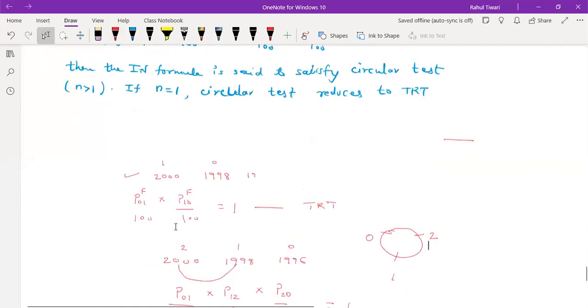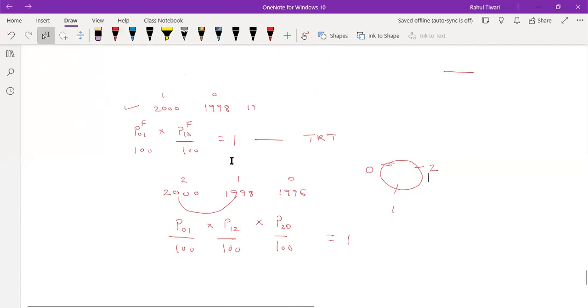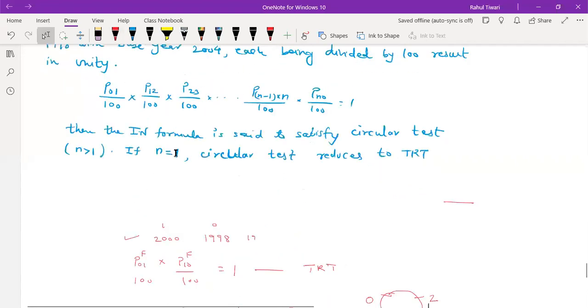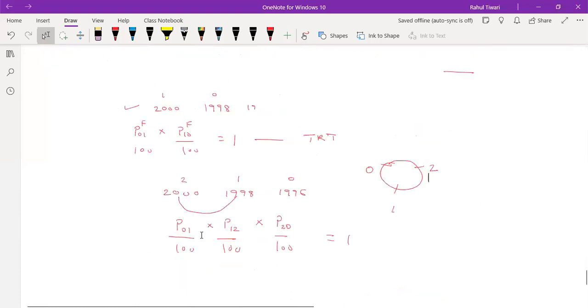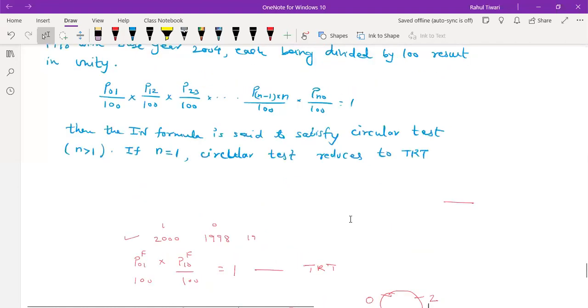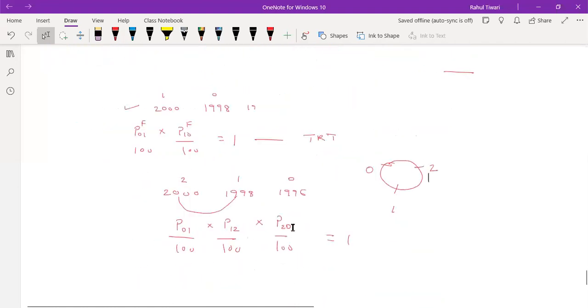See whether you get this expression when you substitute n equal to 2. It is 2 minus 1, then 2 minus 2 is 0, and n is 2, so this is 02 or 20.